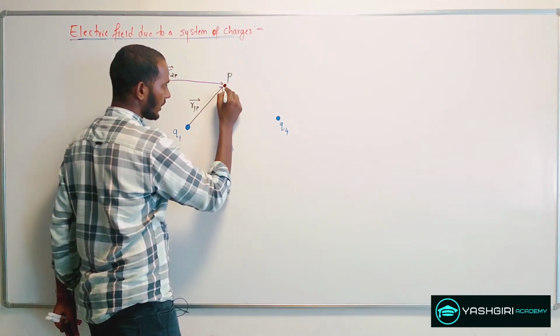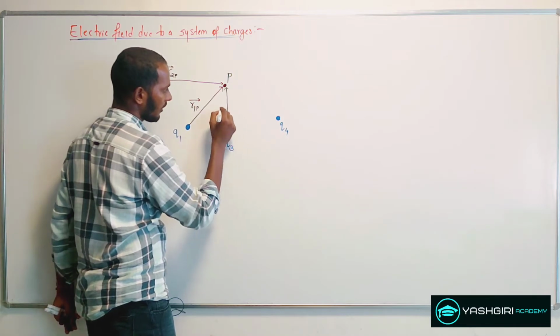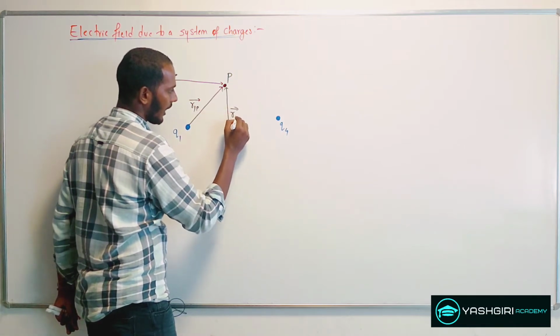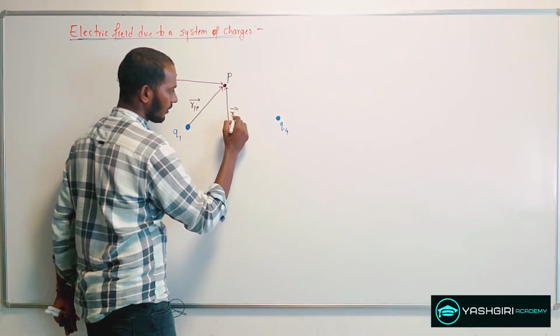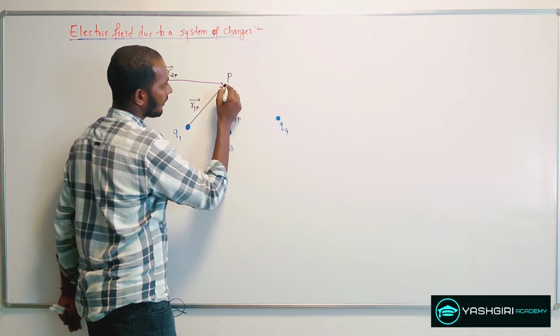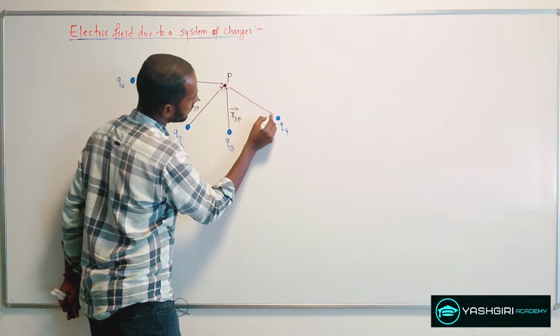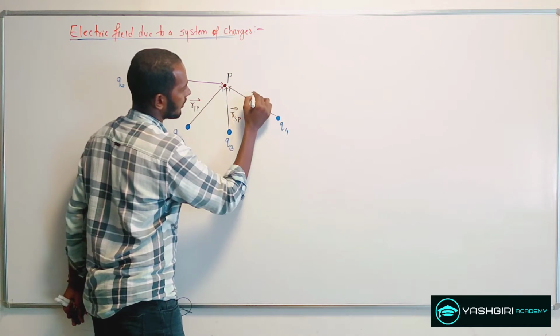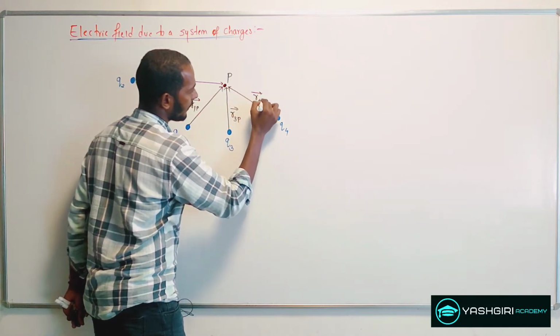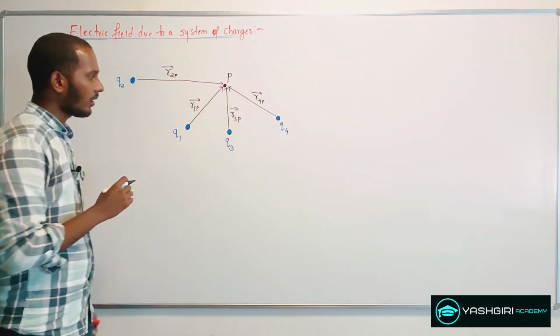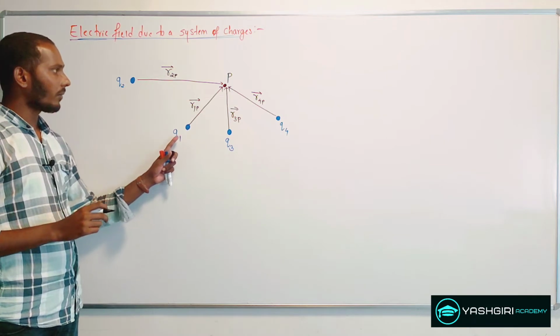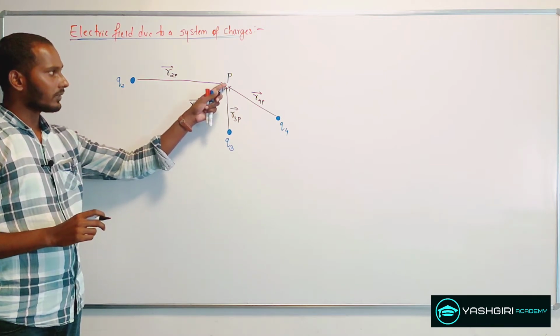Same for the charge Q3, I can write it as vector R3P. And for the 4th charge, vector R4P. So those are the position vectors of my charges from where I'm going to measure the electric field.